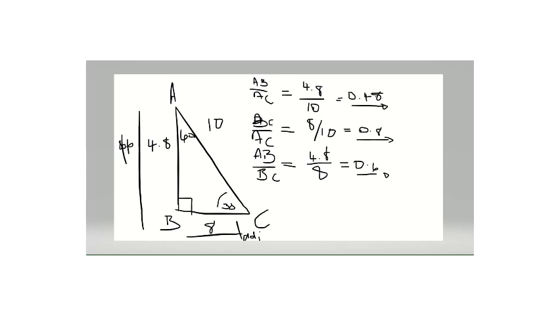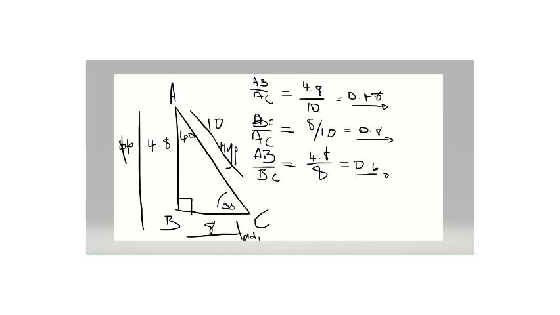So let us change this. This is the hypotenuse side. We all know that this is the hypotenuse side, right? So let us change these trigonometric ratios, these sides, by naming them opposite, adjacent, and hypotenuse.